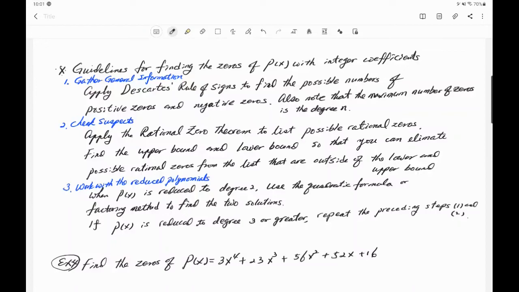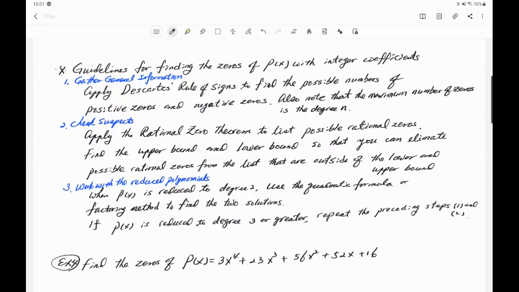That means if the degree of the polynomial is n, then there are at most n real zeros. At most n, so keep in mind that one. And also apply Descartes' rule of signs, so we can estimate the possible number of positive zeros and the possible number of negative zeros. That's how we gather the general information.